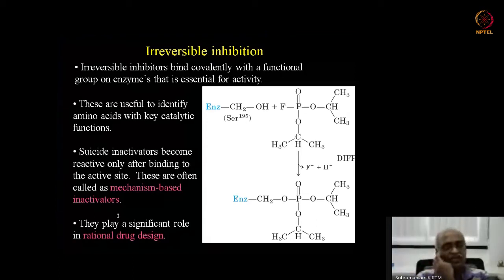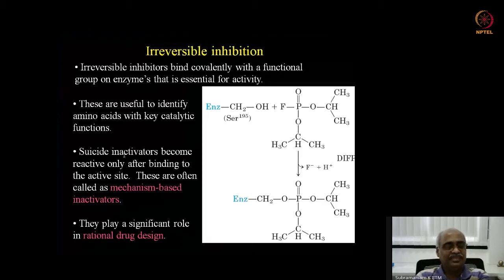And there are some versions of these inhibitors. They are called mechanism-based inactivators, and they are also called suicide inactivators. That is because they become reactive only when they bind to the active site. Remember all that we learned about transition state and induced fit, where the enzyme and substrate both undergo conformational changes such that the transition state of the substrate and the induced fit state of the enzyme are the perfect fit.